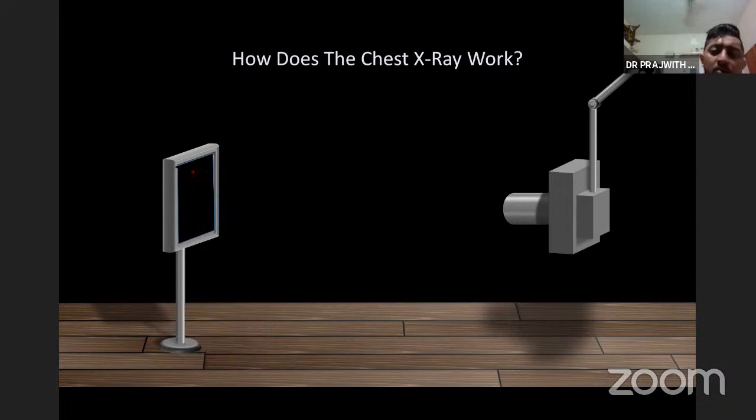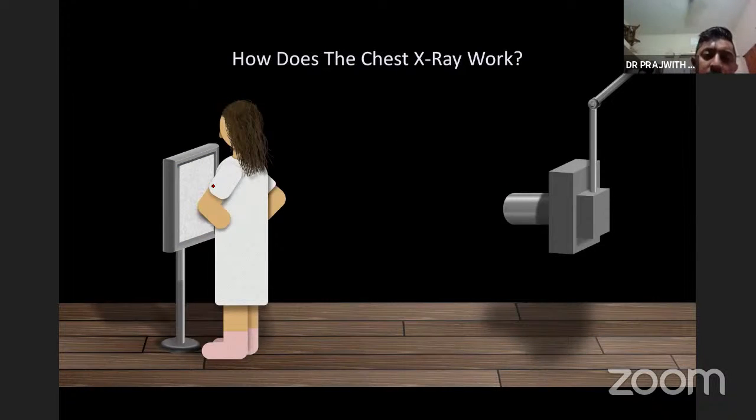So we saw whenever the X-ray hits the film, it turns black. But whenever the X-rays are passing through the human body or anything in between, it will not turn as black as it was before, because now it will not allow all the X-rays to pass through. So that's how an image is formed.